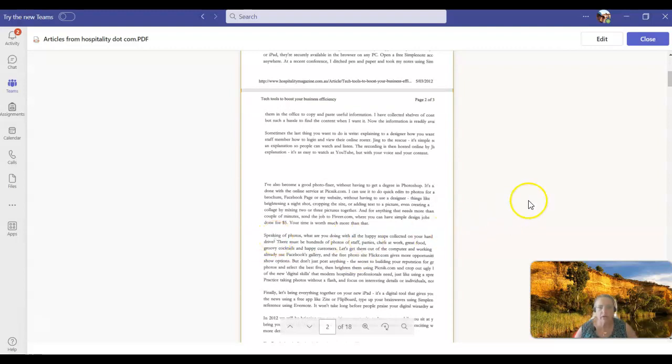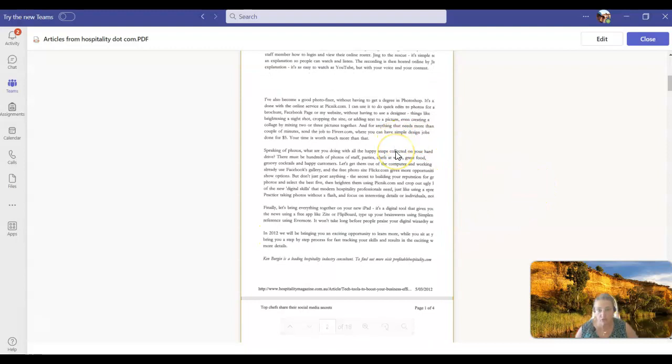In particular, we know how important visual communication is for hospitality businesses, and it talks in here about the use of photographs and having the correct photographs and being able to controversially edit photographs, be able to have them under good lighting, be able to have them set up well, etc. And the importance of that to your business.